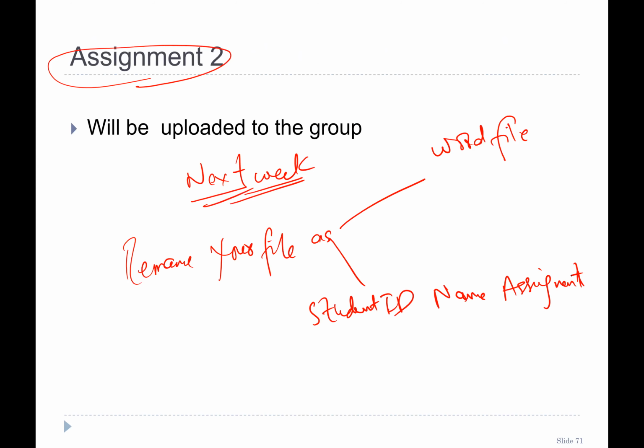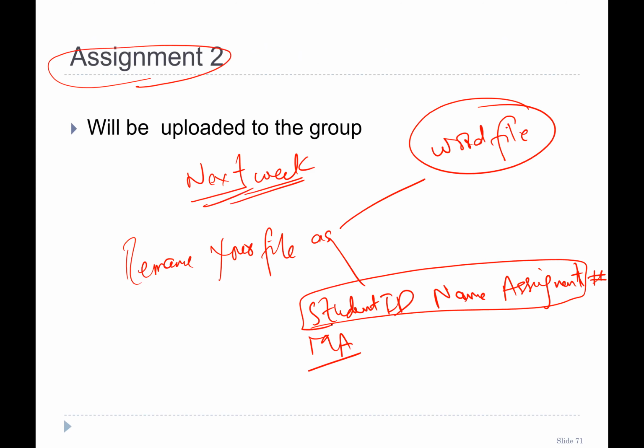If you are taking another course with me, then please mention the course name, like MA, Managerial Accounting. So you need to submit the Word version of your assignment and rename that file accordingly. These three things must be in the name of the file, not on a separate page. The name of the file.